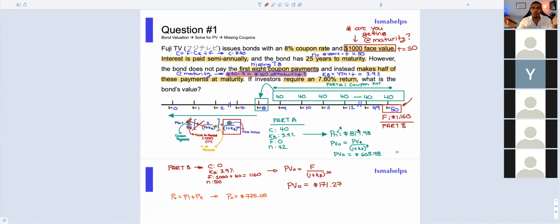And then you simply have to discount it back to P0. That's probably the only hard part of this question. The face value portion is simple, just discounting back to P0. So having that in mind is crucial. If you see a question like this on the exam, you know what to do.